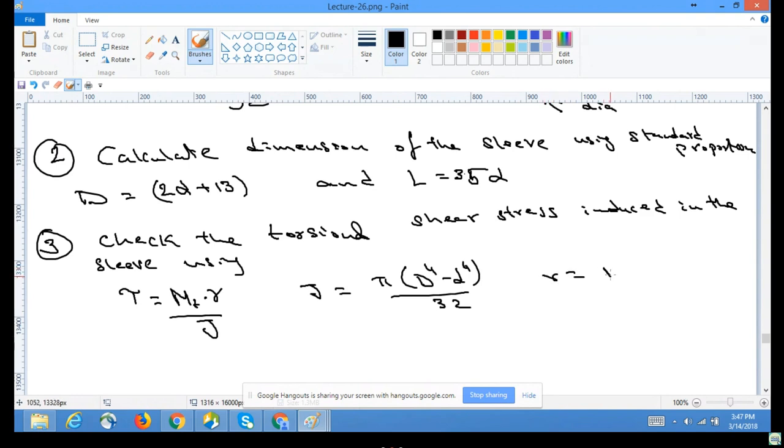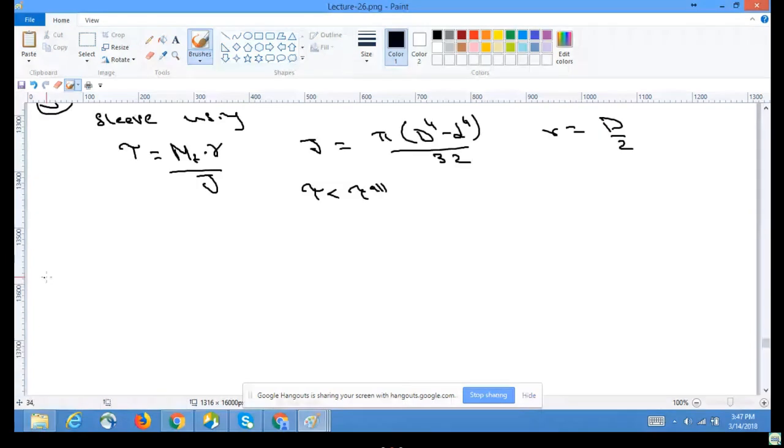The radius can be taken as, for the maximum torsional stress, on the outer surface. So we'll take r equals D by 2, and this tau is less than tau allowable.